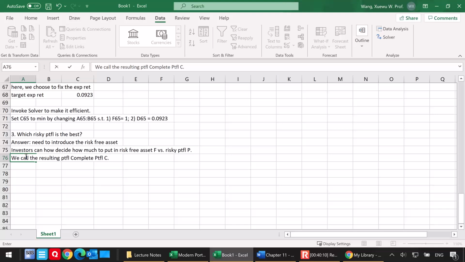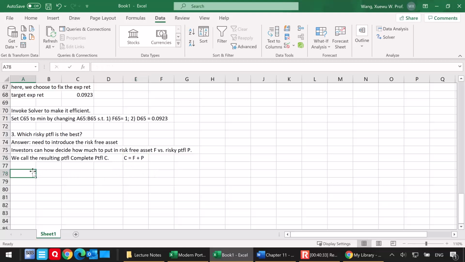We call it complete because it does have the risk-free asset in it. One way to denote this is that the complete portfolio has the risk-free asset and a risky portfolio. So how do we pick the best one?